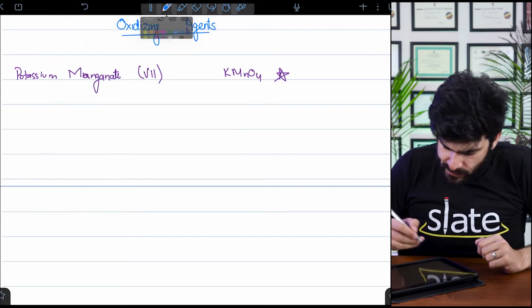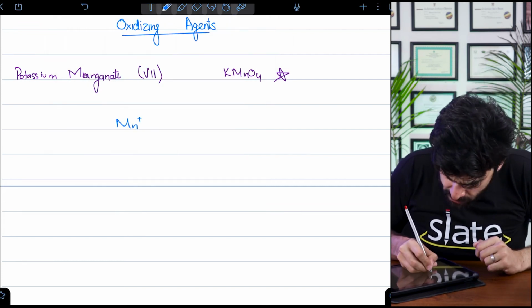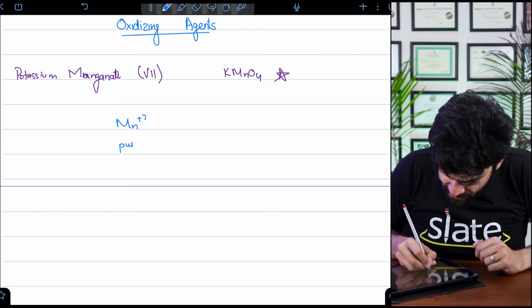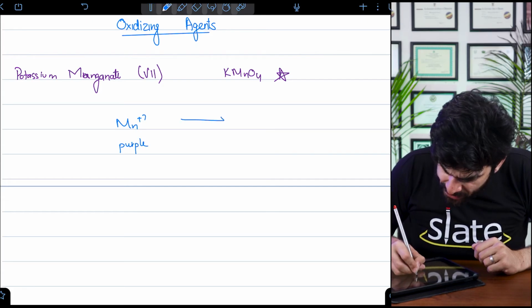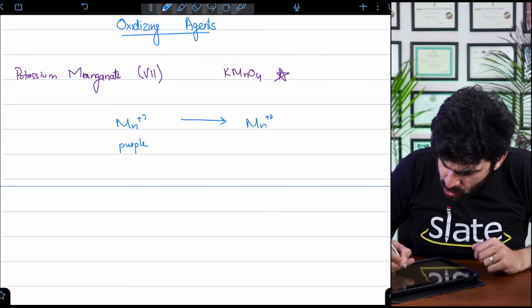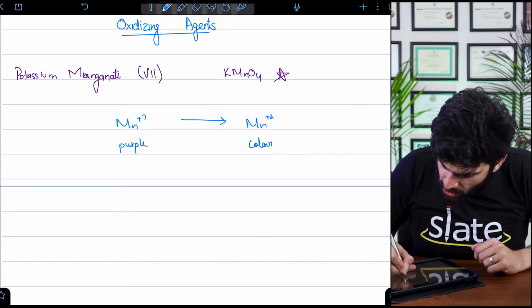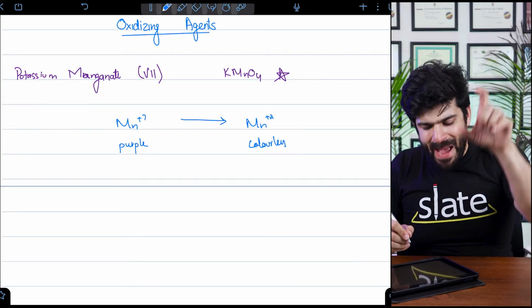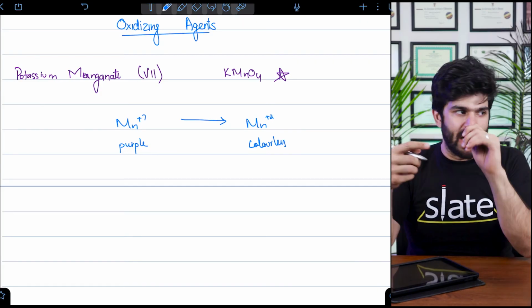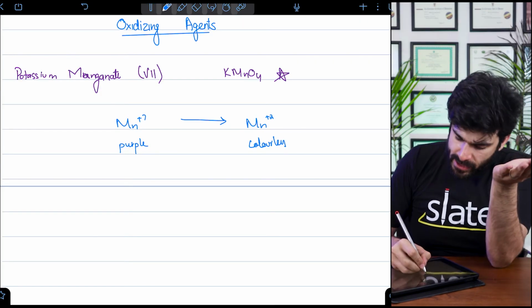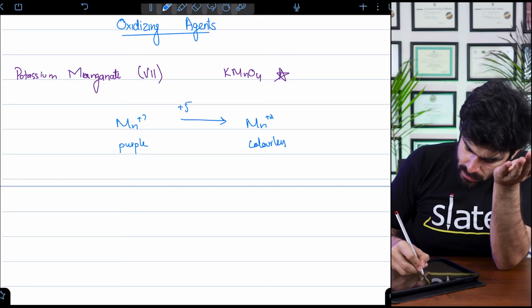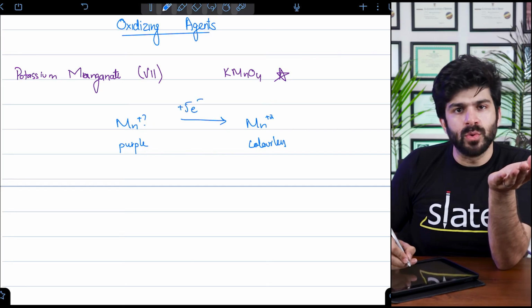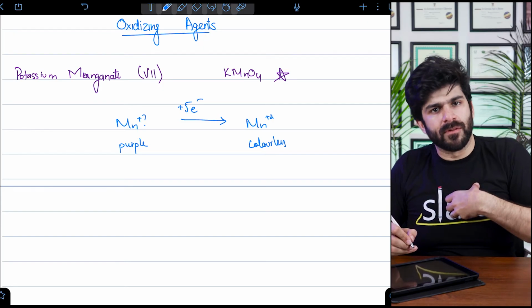Now, this is the finest oxidizing agent. Why? It has Mn positive ion, which is purple, positive 7. It can be reduced to Mn plus 2, which is colorless. So if this manganese ion can be reduced itself, which means it can gain 5 electrons, and then it becomes plus 2. So it's getting reduced itself.